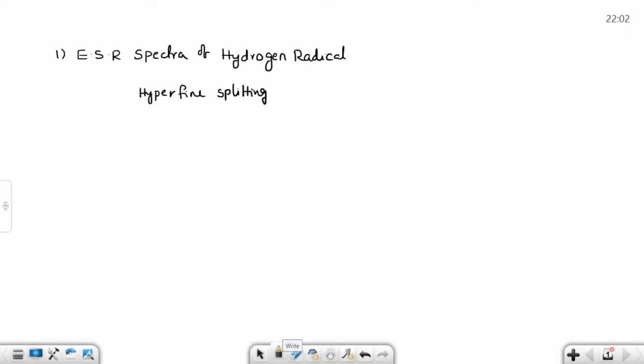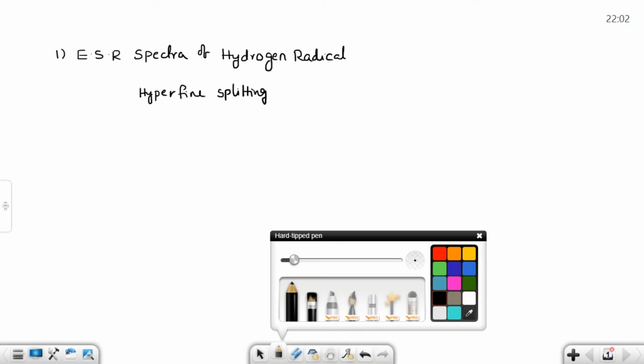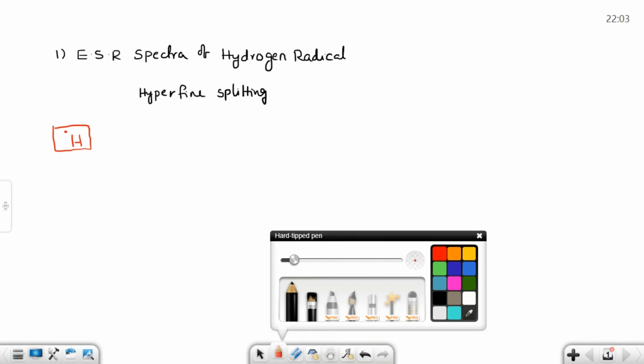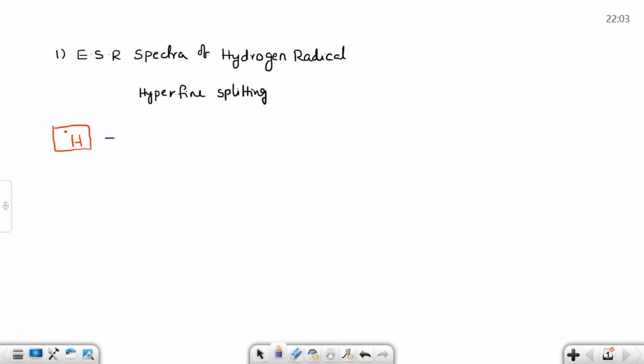So here you see the hydrogen radical, H, an odd electron is there. In the hydrogen radical you can observe that an odd electron is present, that means an unpaired electron is present.